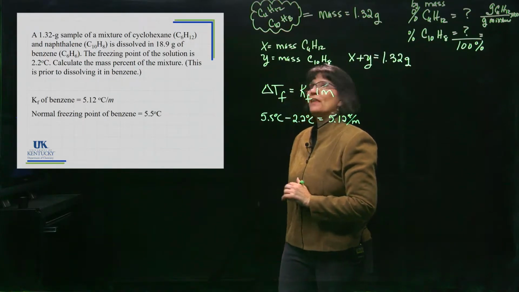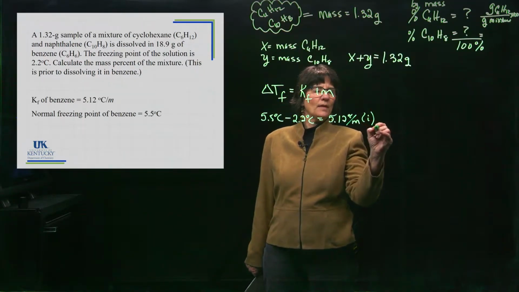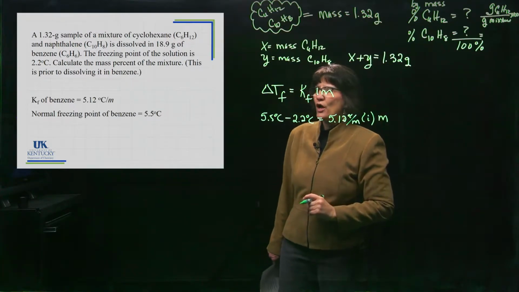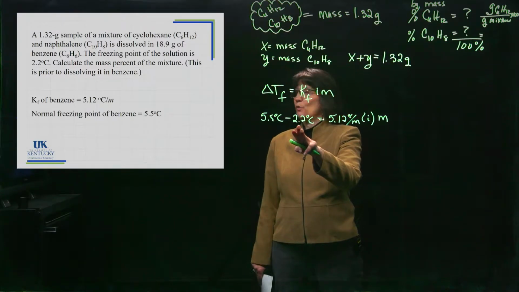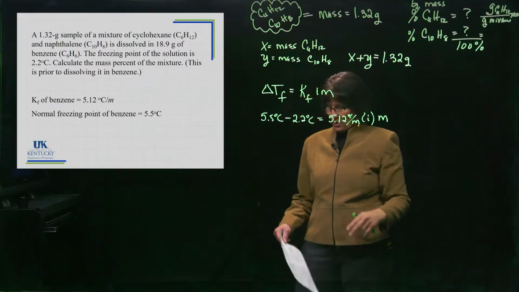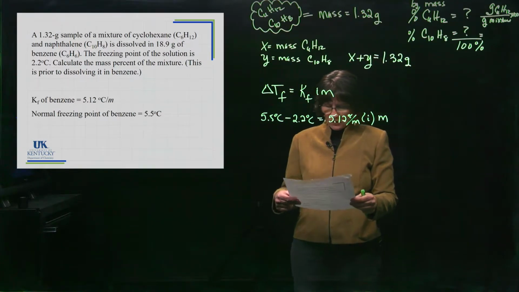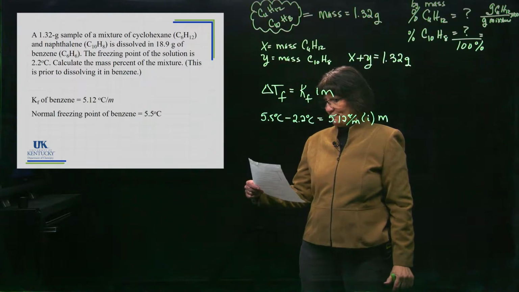These are non-electrolytes, so my i is 1. And we can solve for the molality of this solution. So I subtract these two, which is 3.3, and I divide by 5.12.